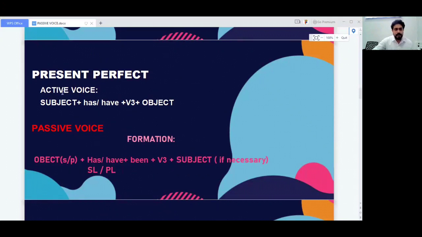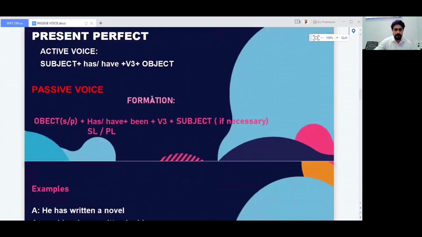Now, what is the formation of present perfect? Subject plus has or have plus V3 plus object. That's what they form in the active voice. Now, what is the passive form here? Instead of the subject, the object comes here. If the object is singular, has plus been plus V3, or if the object is plural, have been plus V3.